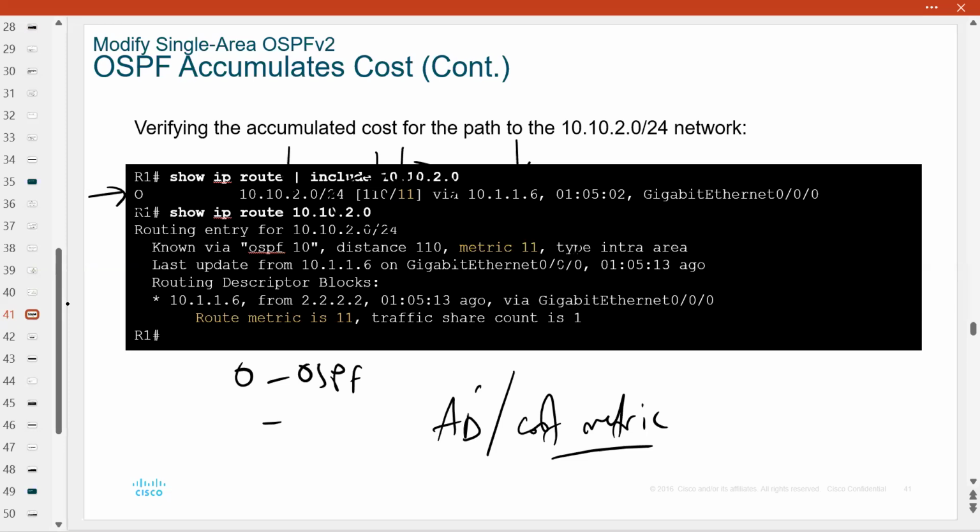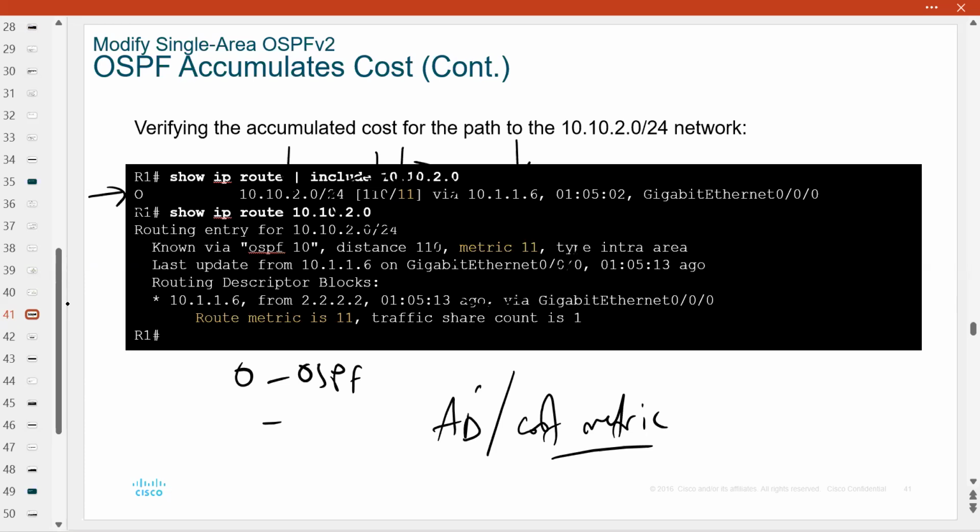Look at the interfaces that you used, calculate the cost, try to find out what the bandwidth is. Was it changed? Is it still the default? If not, then what is the cost? Is the accumulated cost value you calculate the same as this value right here? Use the show IP route next time and try to figure that out.